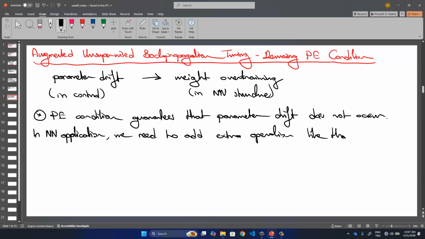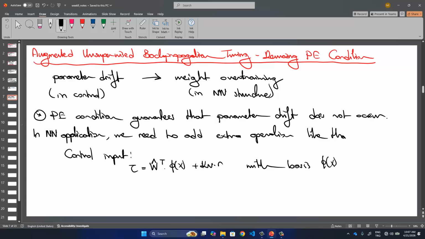We have the control input in here, just like this one, torque, which is equal to W hat transpose phi x plus KV R, with basis of phi x, and so the NN weight rules can be derived with this condition.